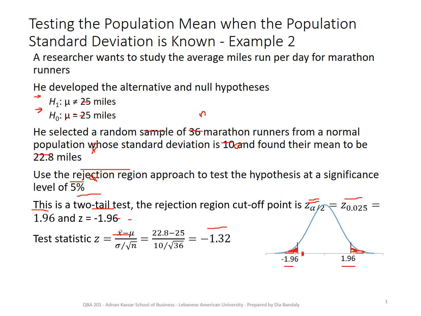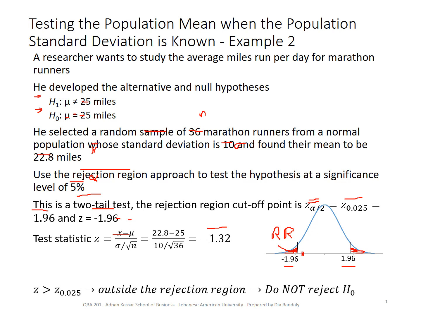So we can see easily that it's not inside the rejection region. This is the rejection region. It's not inside, which means we're not going to reject H0. When we do not reject H0, that means we did not have enough evidence supporting the alternative, H1. That's why we are not rejecting H0.